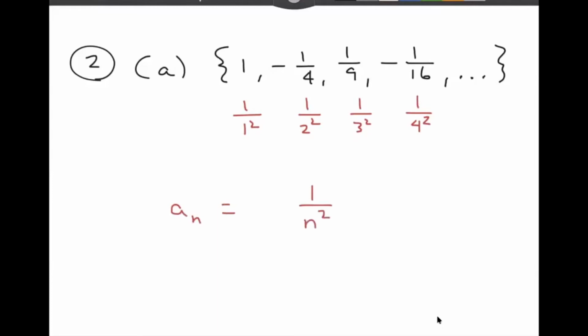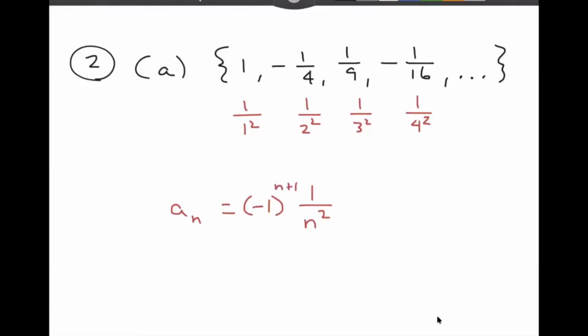Okay, so now we just have to talk about how to make the signs alternate. So we need the first term, and as I mentioned before, that's done with -1 to a power. So we just have to decide, should that power be n or should it be n plus 1? Well, in this case, it should be n plus 1.